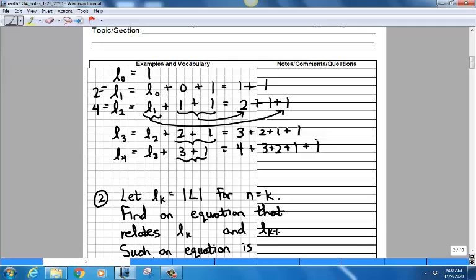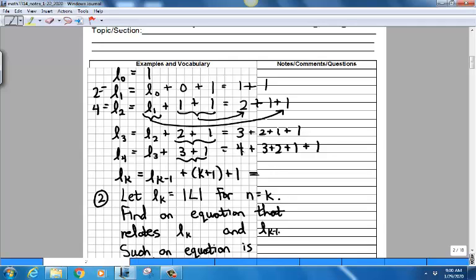So in general, what would L sub k be equal to? Look at that sum. It's going to be L sub k minus 1 plus k minus 1 plus 1, right? But how does it appear that's going to simplify?